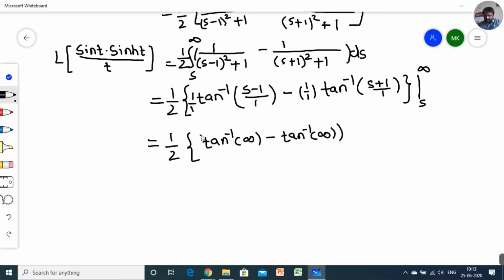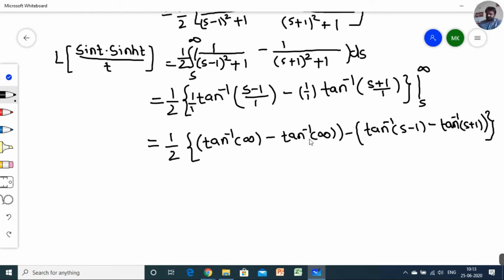So this is my upper limit, minus I have to write the lower limit. So for the lower limit you just substitute s: tan inverse of s minus 1 minus tan inverse of s plus 1, bracket completed.